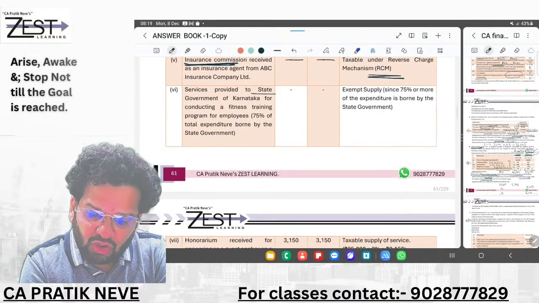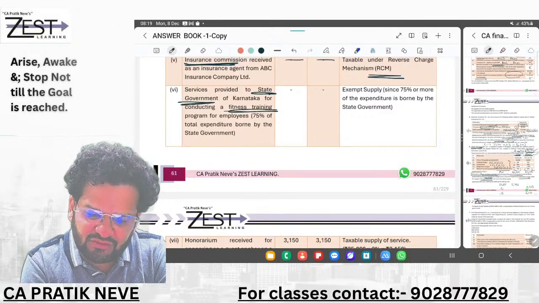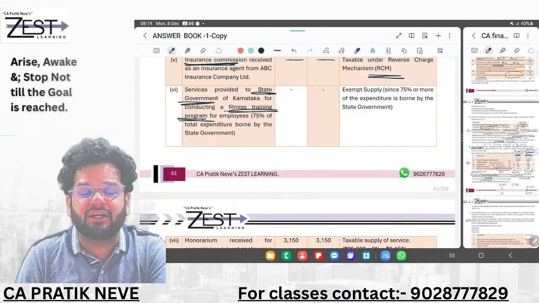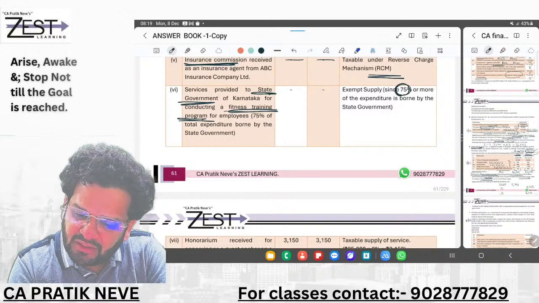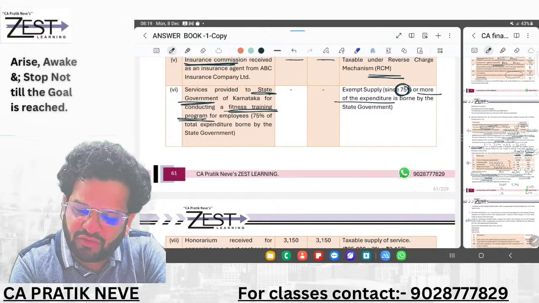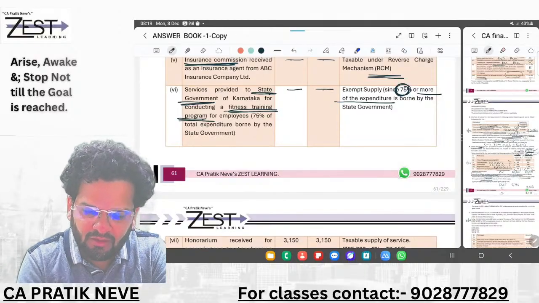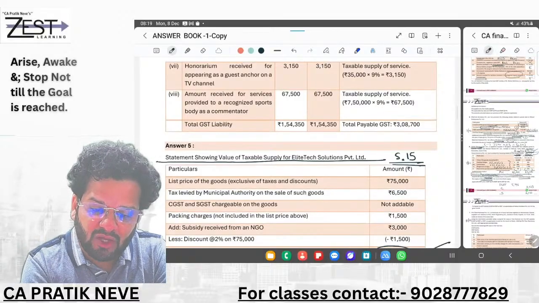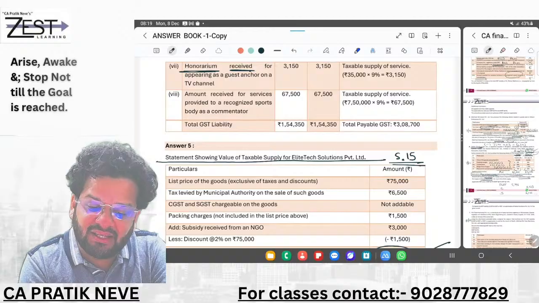Services provided to the state government for conducting a fitness training program. Any training program conducted for the government where the government is paying 75% or more of the expenditure is fully exempt. So that is also going to be exempt. And as we discussed, honorarium received for appearing as a guest anchor.